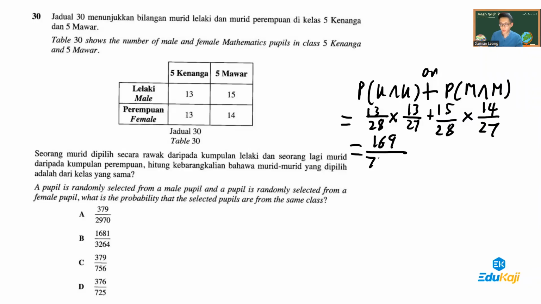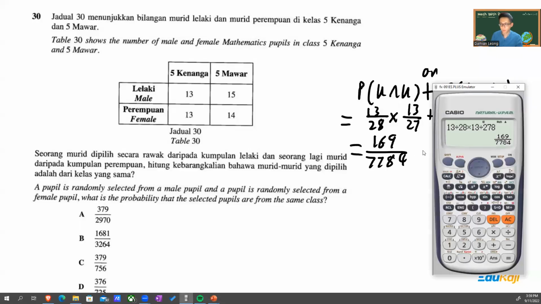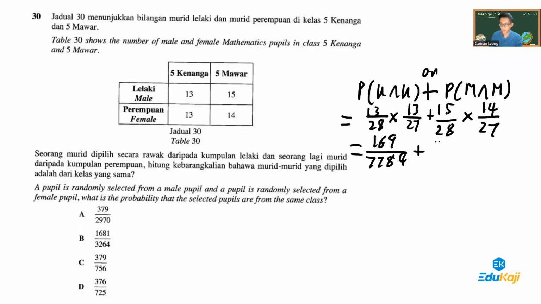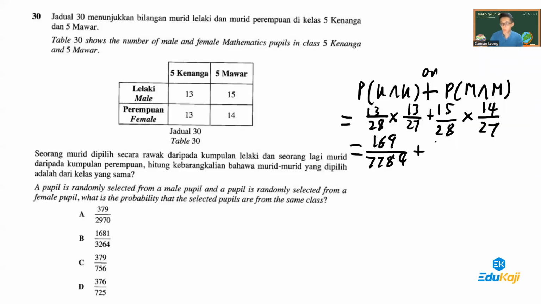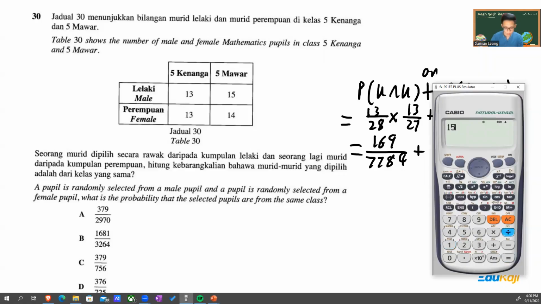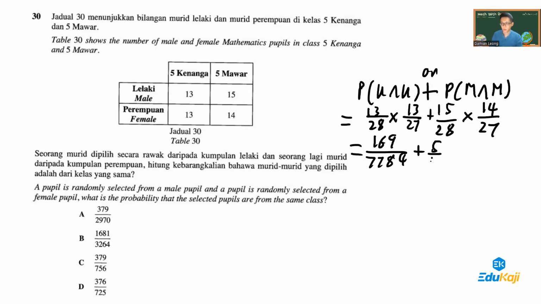So this is 169 over 7784 plus 15 over 28 times 14 over 27, 5 over 80.